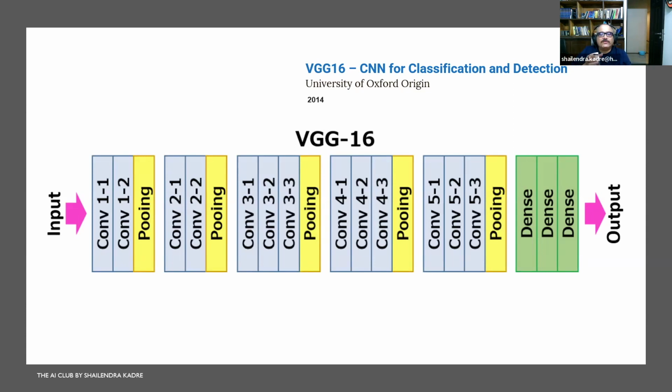So the University of Oxford designed it. It is a very complex neural network, but it is not the most complex CNN available. It is one of the complex neural networks. It was designed in 2014. After that, many more sophisticated CNNs have been proposed, which we will learn when we study transfer learning.